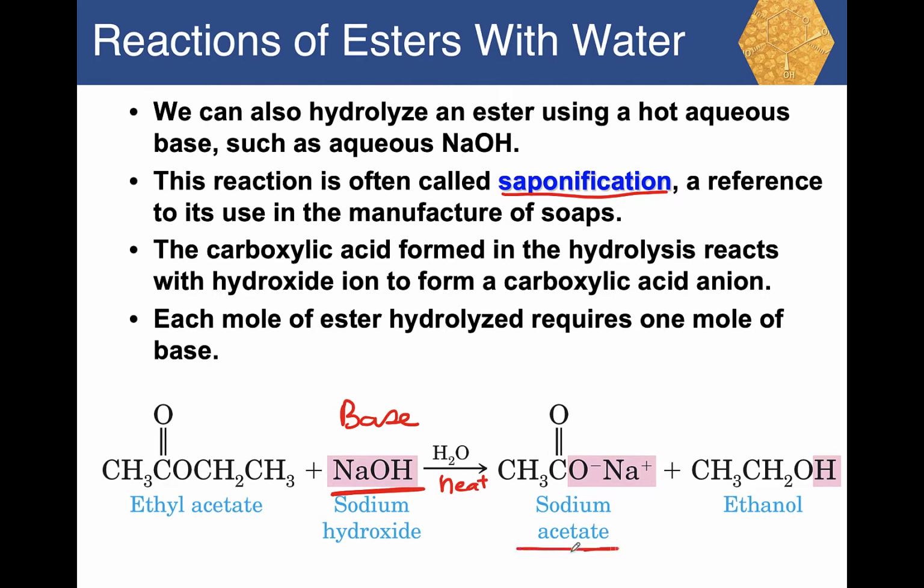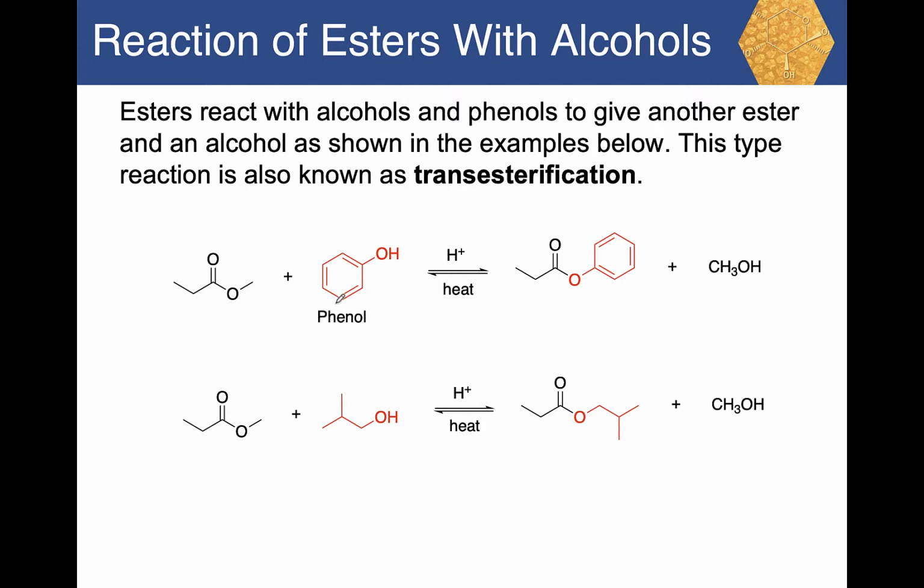Because the salt that's made here, if this is a long chain, as we've seen before, that's soap. So this process is called the saponification of esters, but it's really the hydrolysis of esters, but it's done in a basic medium.